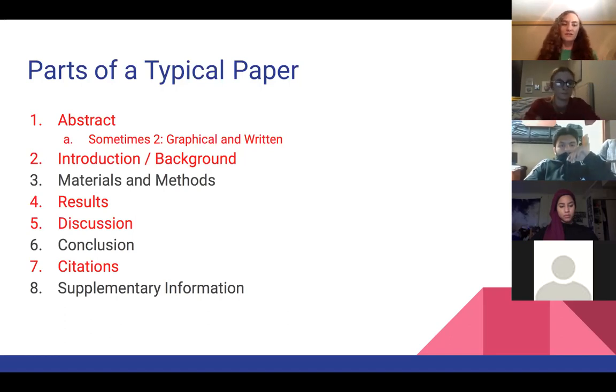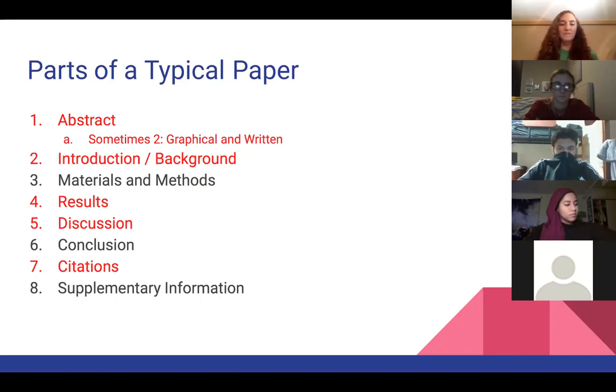And usually the discussion and conclusion mix together in most papers, but if I were to separate the conclusion from the discussion section, it would give implications of what can be done in the future, like different points of study. What would be the next step if the study continued?